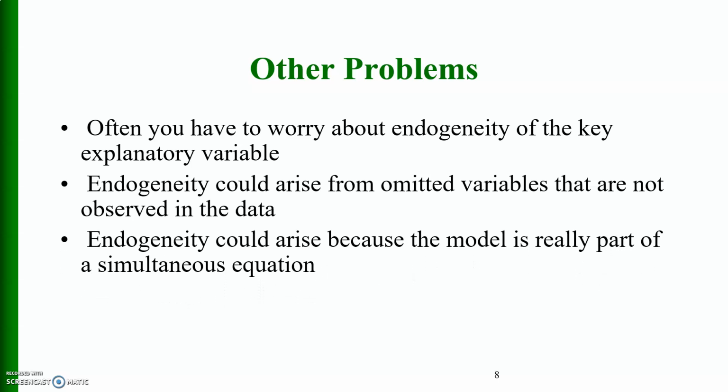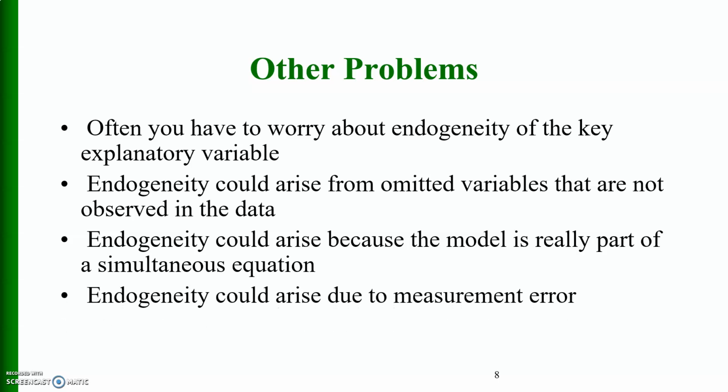It could arise because the model is really part of a simultaneous equation. So endogeneity may be either because of the omitted variable case, or because of simultaneous equation bias, and it can also arise due to measurement error.